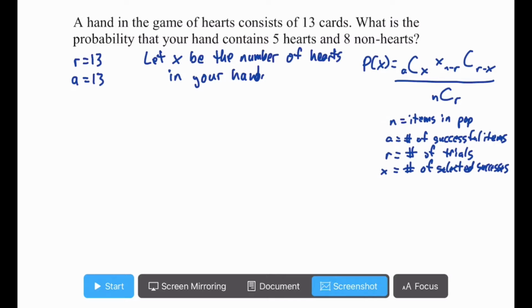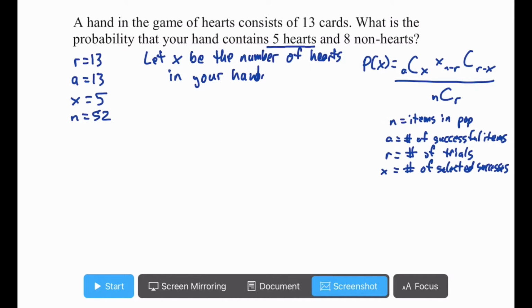So we have A, R, X is our number of selected successes, and we're trying to look here in the question. It says we want to have 5 hearts, so X is equal to 5. So we're going to draw all our cards. 5 of them are going to be successful. 5 of them are going to be hearts. And finally, N, what is the total number of cards we are choosing from? And that's going to be 52.